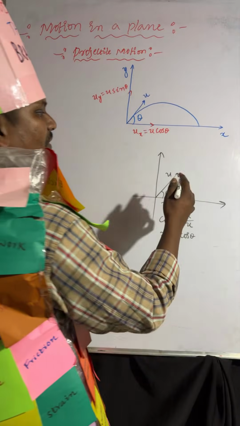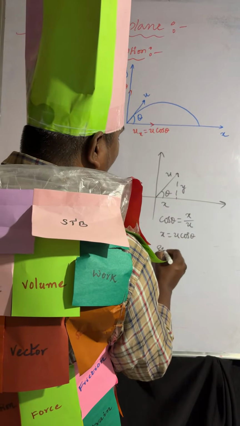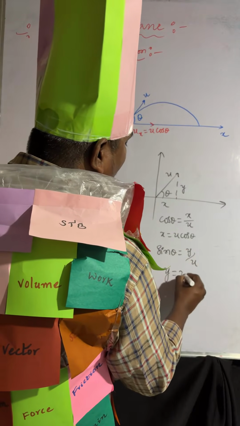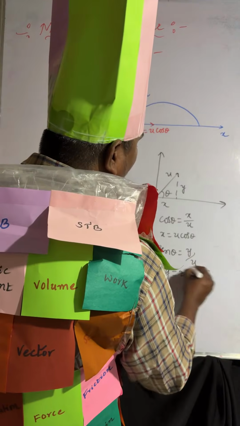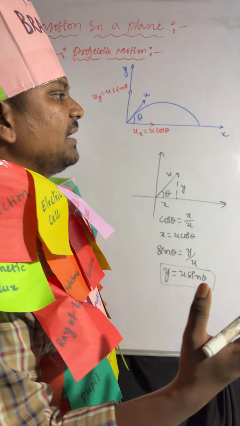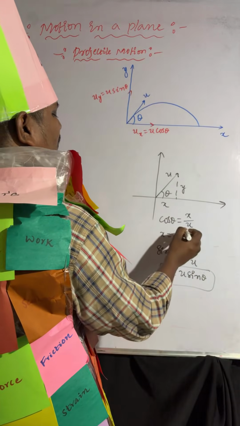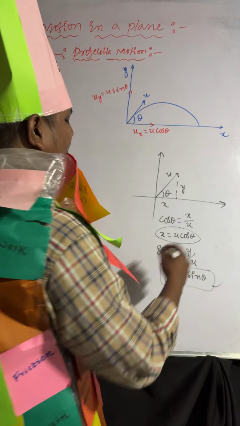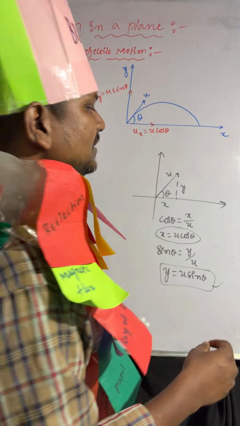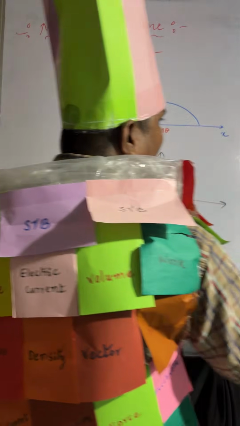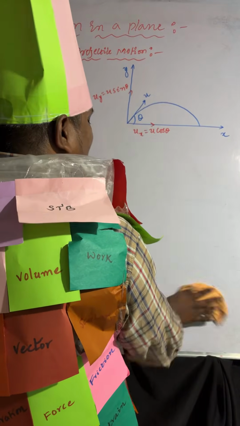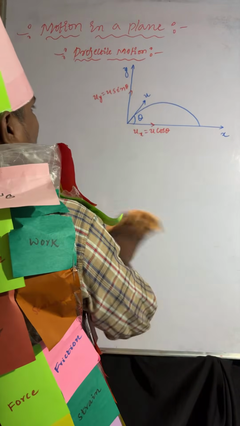Coming to y, sin theta equals y by u, so y equals u sin theta. Along the x-axis, u cos theta, along the y-axis, u sin theta. Is it clear?